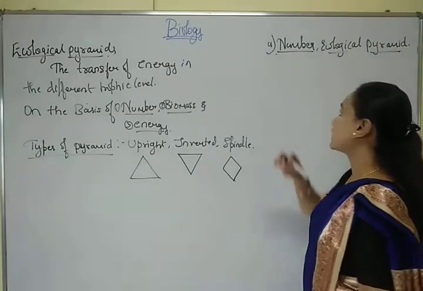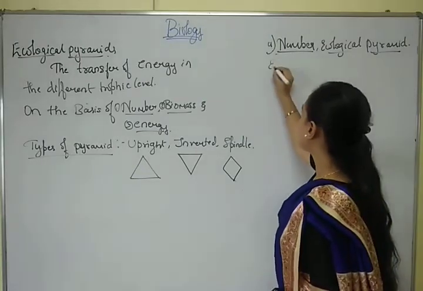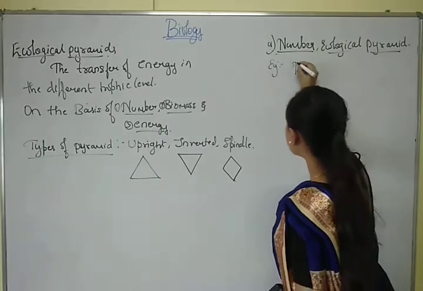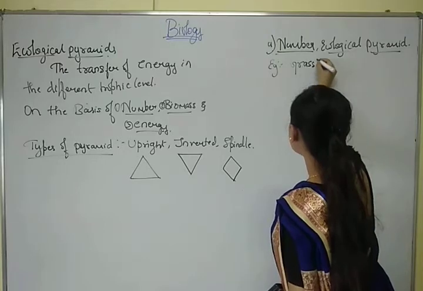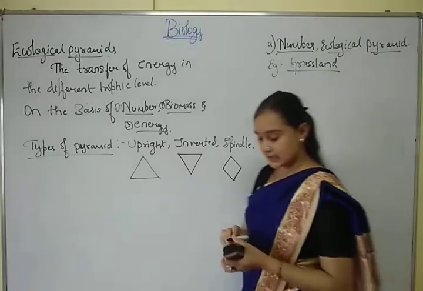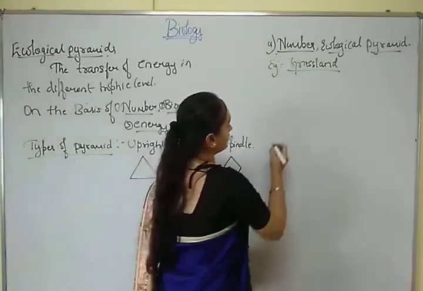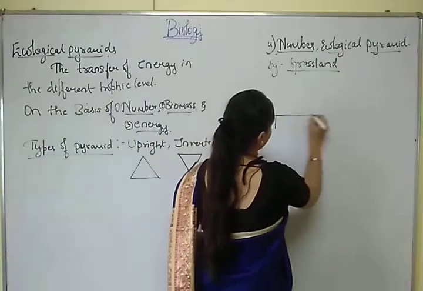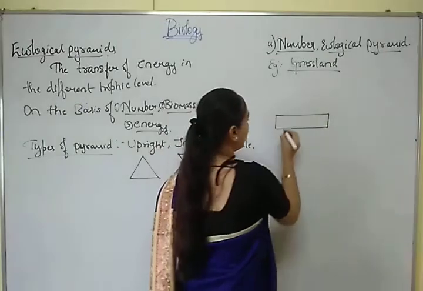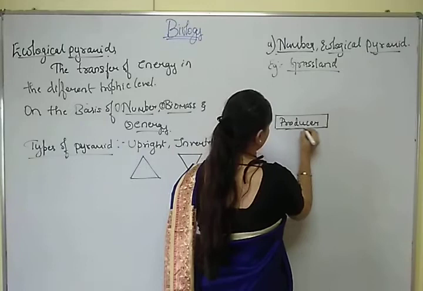The first example is grassland. In the grassland, the lowermost trophic level will be the producers. So the lowermost trophic levels are producers, like autotrophs.